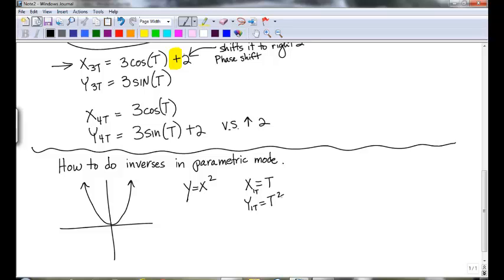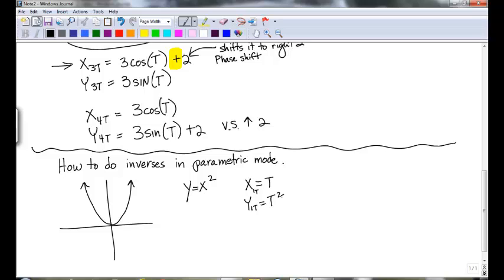Okay, let's graph. In x sub 1 of t, put in t, and then put in t squared. We're no longer in a circle, so let's go 0 to 5, step 0.1. And let's go negative 10 to 10, scale 1, and negative 10 to 10, scale 1.